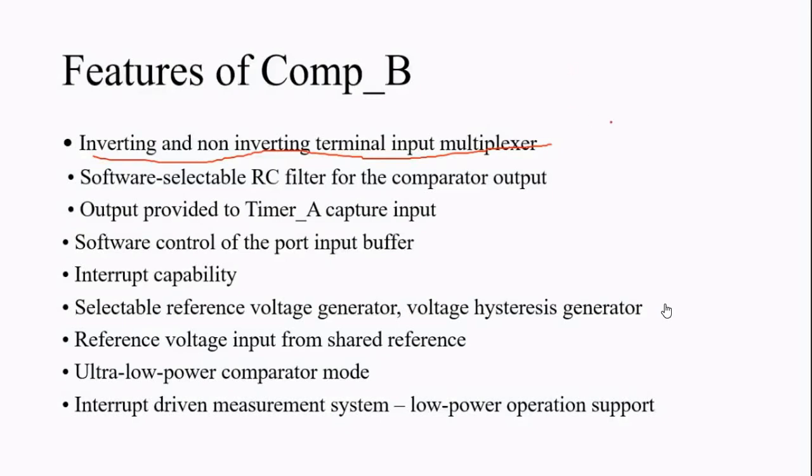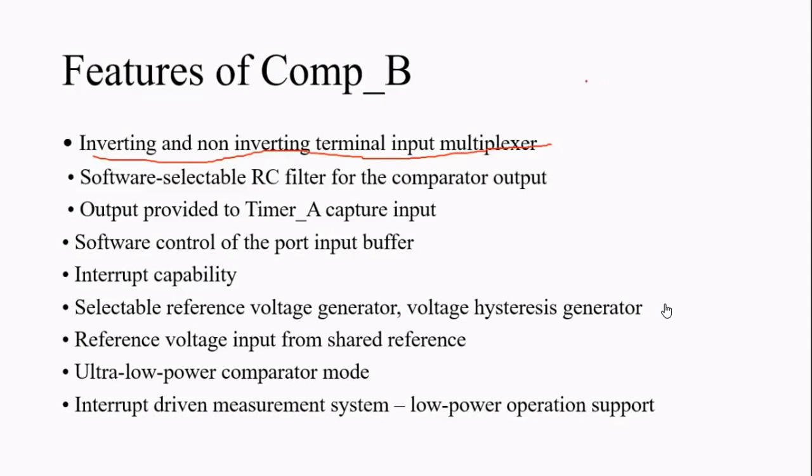In a general comparator, only one input is available at the V plus terminal. But in comparator B, multiple inputs are present at the inverting and non-inverting terminals, so you have to select any one with the help of a multiplexer.